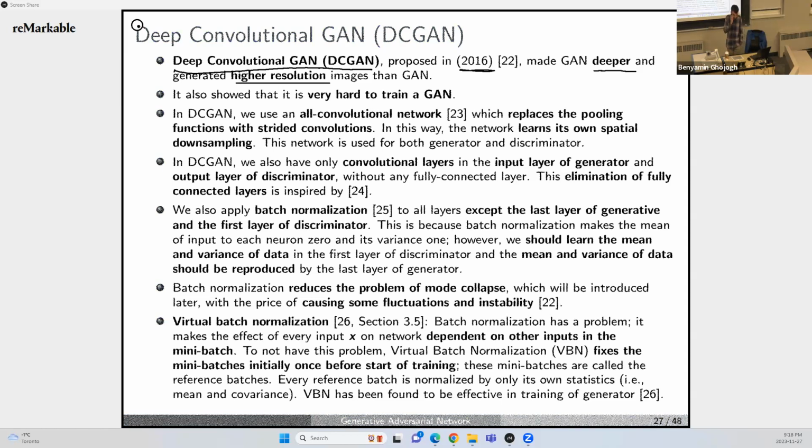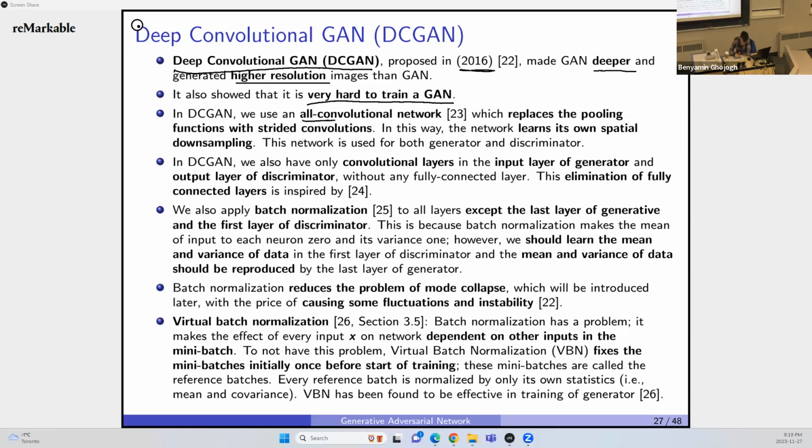It generated higher resolution because the initial GAN was not very good in terms of resolution. It also showed that it is very hard to train GAN. Apparently, it doesn't converge very well. So they did a lot of trial and error to find out how to train a GAN.